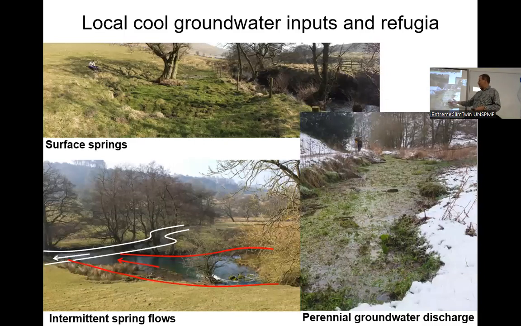Just to give you a sense of where the cool spots are, there are all these natural springs along this particular river where there's cool water feeding in from groundwater. It locally reduces the water temperature. So that's another sort of background factor that we need to take into account.